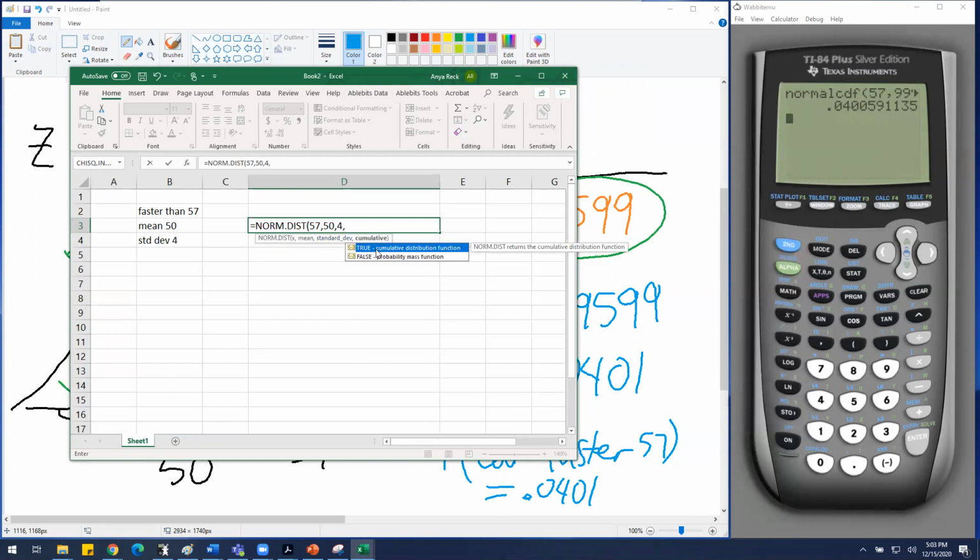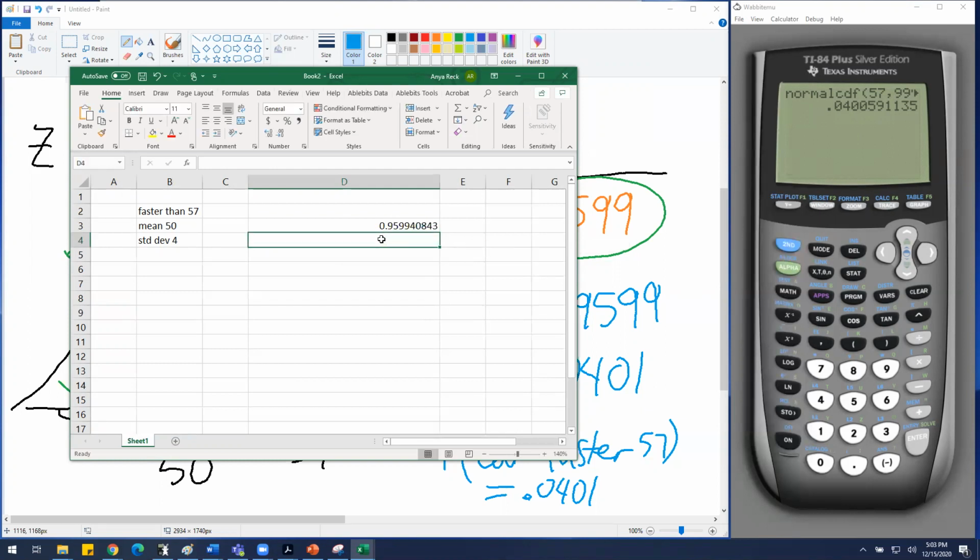It wants to know whether or not this distribution is considered a cumulative or is it a probability mass function. For these particular questions, we are using the cumulative distribution function. So we're going to type in true and then press enter. This is the probability shaded to the left.